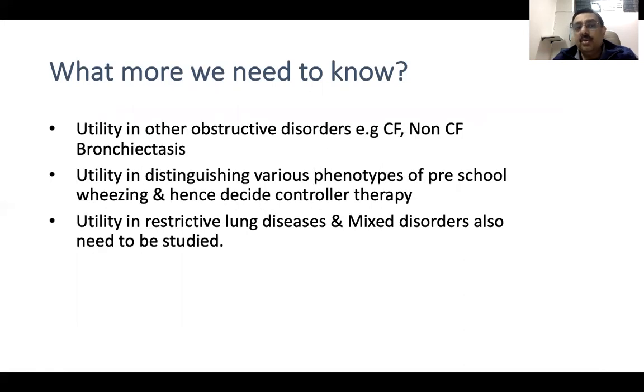What we also do not know is the utility in other obstructive disorders such as cystic fibrosis and non-CF bronchiectasis, or the utility in distinguishing various phenotypes of preschool wheezing and hence deciding controller therapy. It does tell you about obstruction, but it doesn't tell you anything more. And we do not know the utility in restrictive lung disease and mixed disorders. That is something we need to study more.